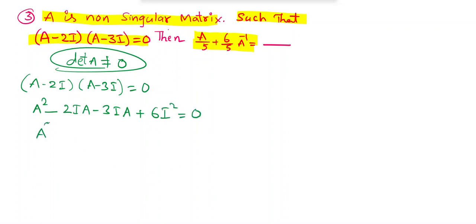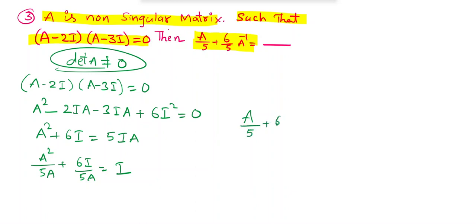This is written as A square plus 6I equals 5IA. Dividing the whole equation by 5A, that is A square by 5A plus 6I by 5A is equal to I. A square by A, one A cancelled, that is A by 5 plus 6 by 5 into I by A, which is A inverse, because A is a non-singular matrix, so the inverse exists, is equal to I. This is the answer: A by 5 plus 6 by 5 into A inverse is equal to I. That is the required answer.